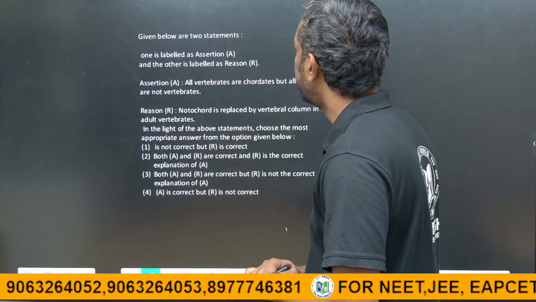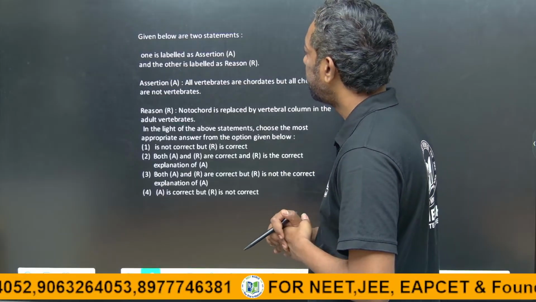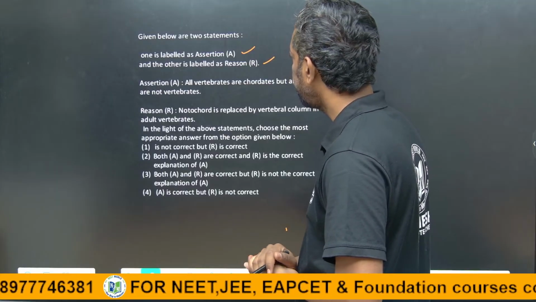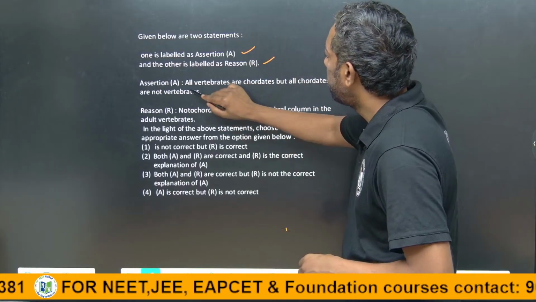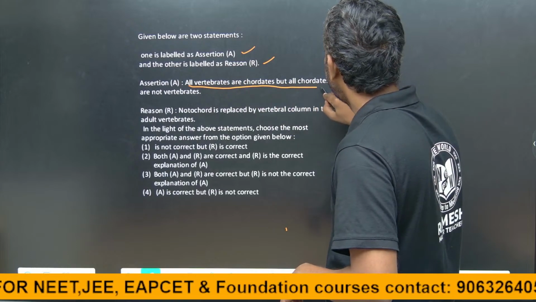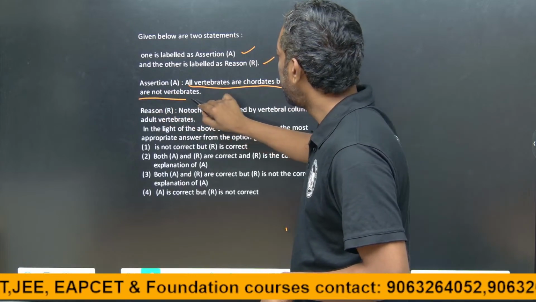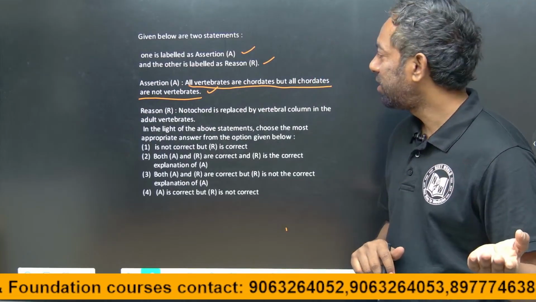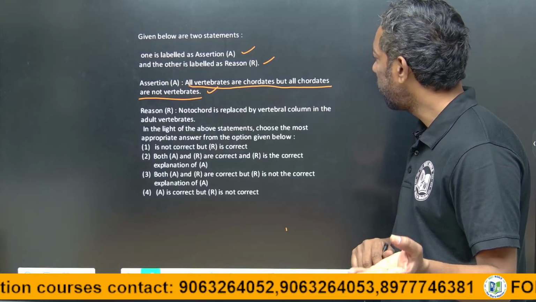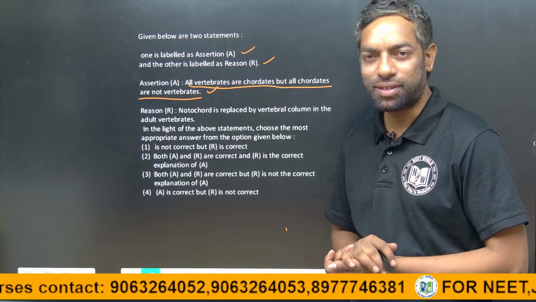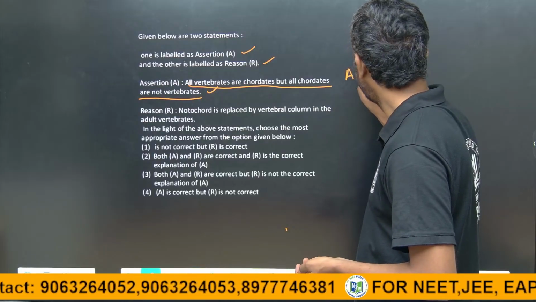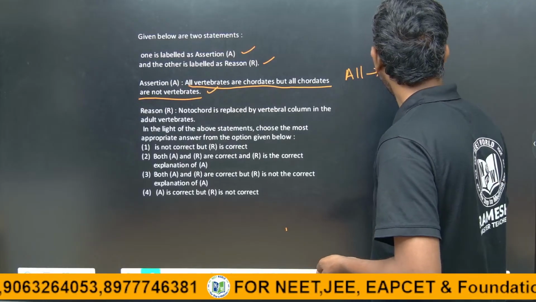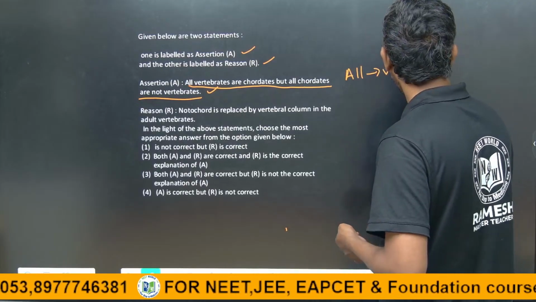Guys, just look into this. Given are two statements, one assertion, one reason. Assertion: all vertebrates are chordates, but all chordates are not vertebrates. Of course, all vertebrates are chordates.